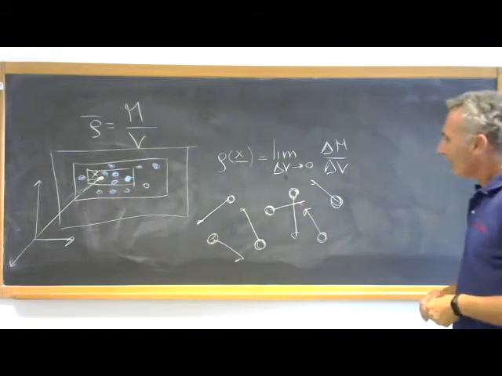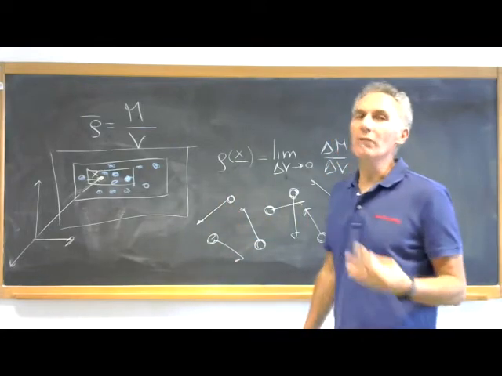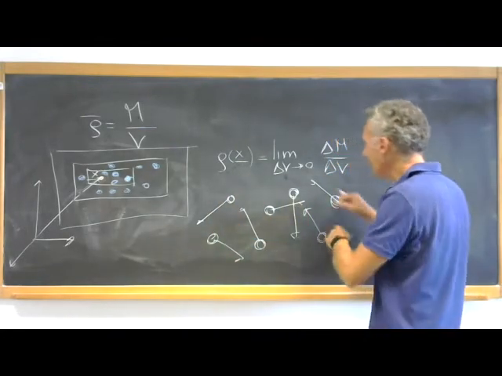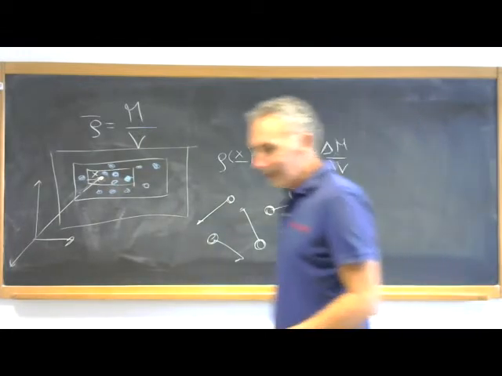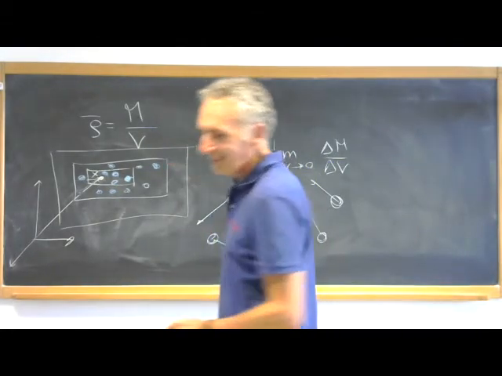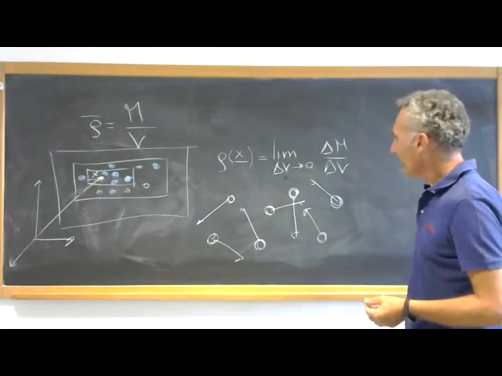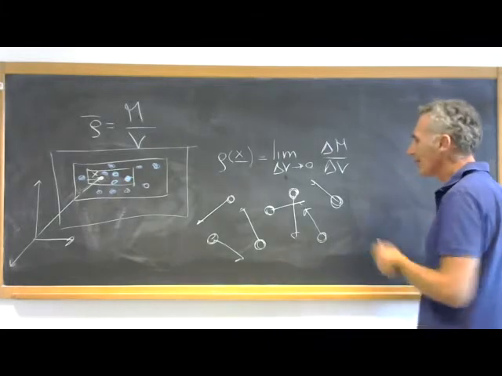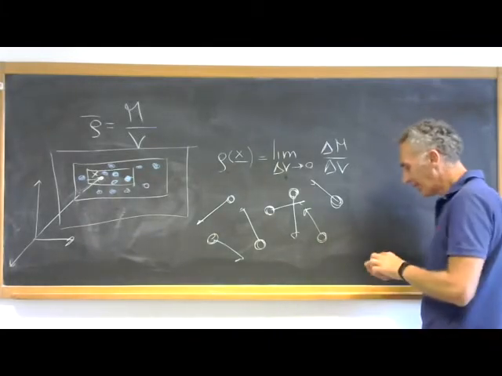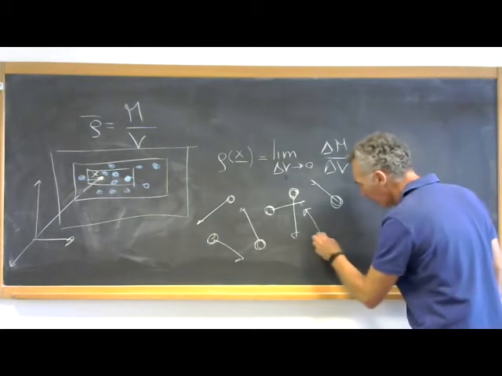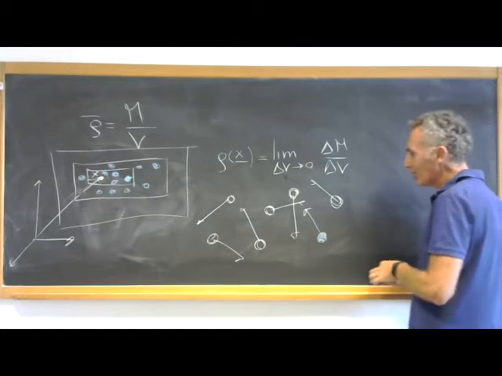Okay? And of course, since these molecules are moving, how do I define the distance between two of these molecules? Well, of course, there is not a fixed distance, but what I can do is to track one of the molecules in time. Let's pretend this is our test molecule.